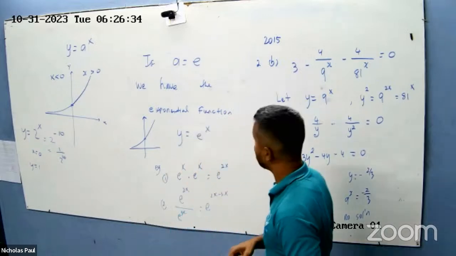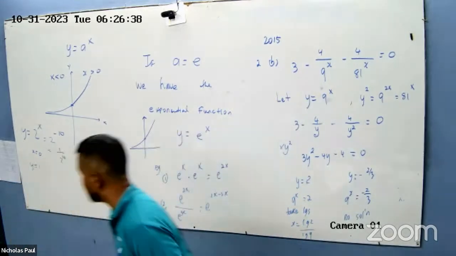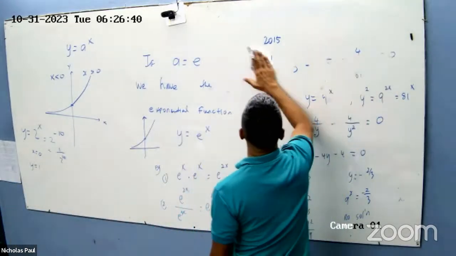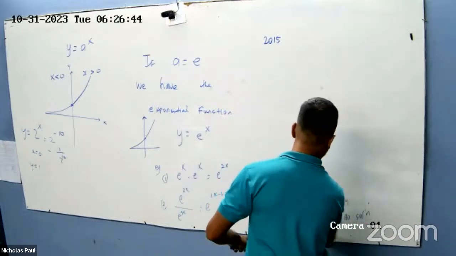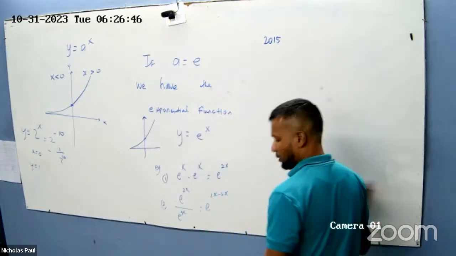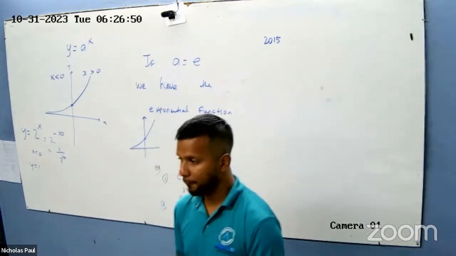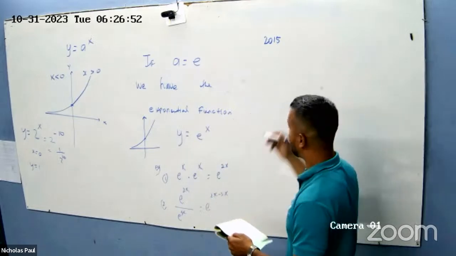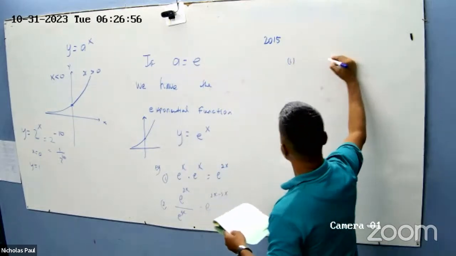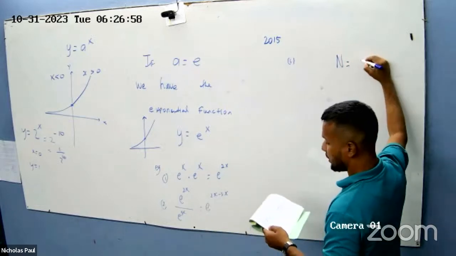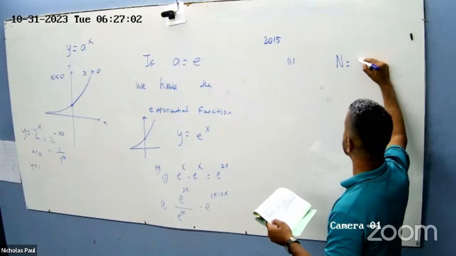I just want to show you one thing, but sometimes I forget to do this version of it. Just one thing and we're done. In 2015, same year, part C, they gave us a function to model how bacteria are growing.